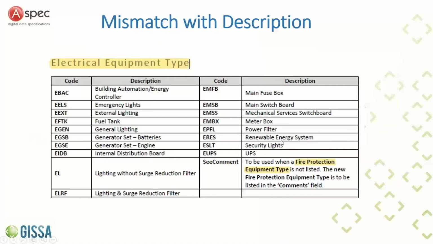So I mentioned that I would show an example of a mismatch with description. I apologise for the resolution of this. I didn't have an example before, but here I have. Where we spoke about the C comment field, the description didn't match up with the table. As you can see here, we've got electrical equipment type, and the C comment is the code to use when you don't have a current code that exists in this table.